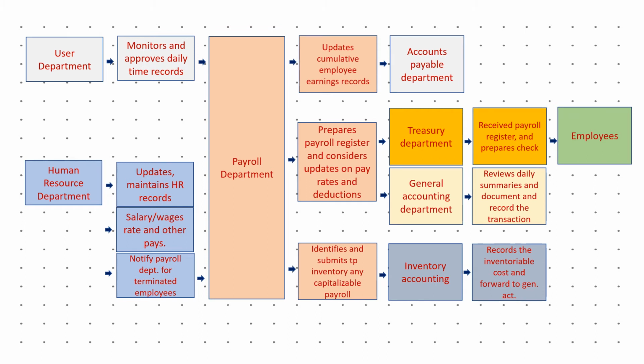So now, under the general accounting, since naka-receive na ng information to the payroll register, ang gagawin na ni general accounting is they review daily summaries and documents and record transactions for the reason if tama yung information na na-receive from other department.